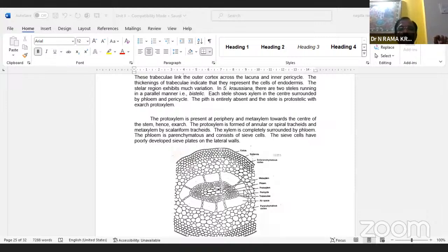The cortex is made up of different types of cells. One is sclerenchyma cells, and below the sclerenchyma cells we see light, thin-walled cells. What is the main function of sclerenchyma?